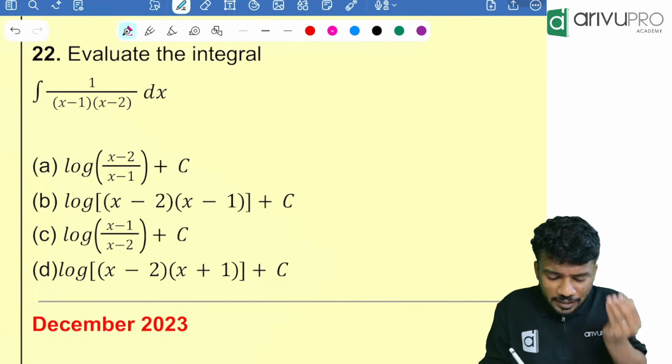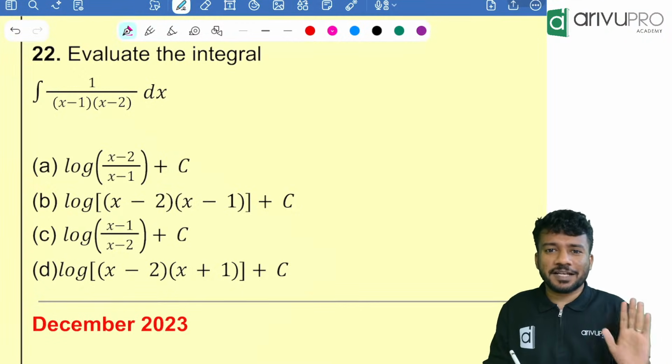But this question we can actually solve without even involving partial fraction.